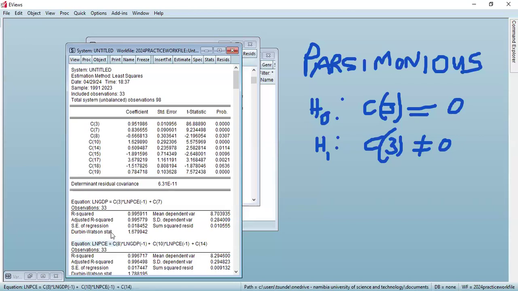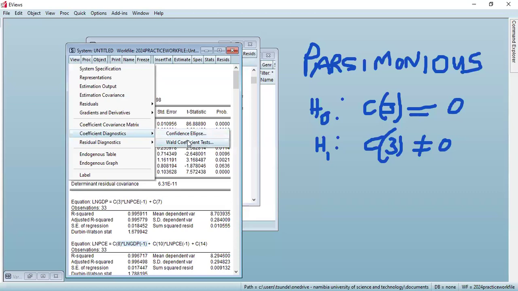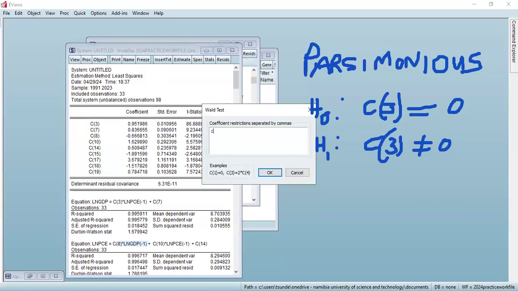So let's do that. GDP in the second equation's coefficient is C8. To test for Granger causality, we are saying C8 is equal to 0. I've typed it wrongly. C8 is equal to 0. We just test that.